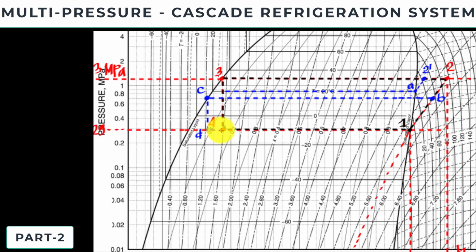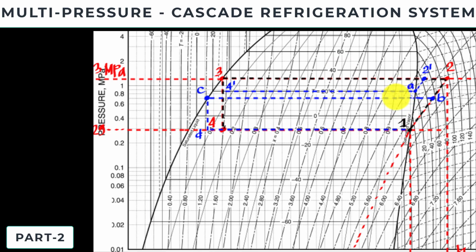And then, dugtong ulit dito to complete the cycle. So we have now this property. We forgot here to put a 4 prime. Okay. So that will be the properties ng state natin.